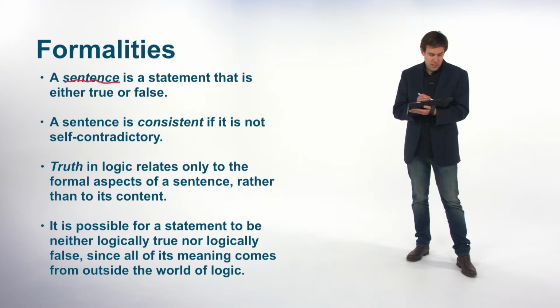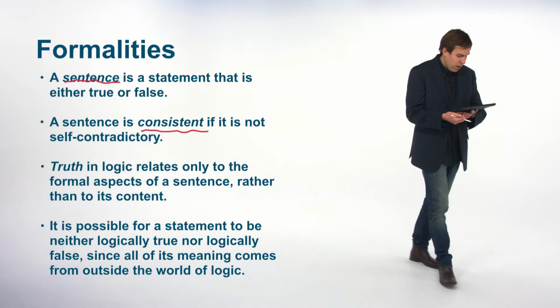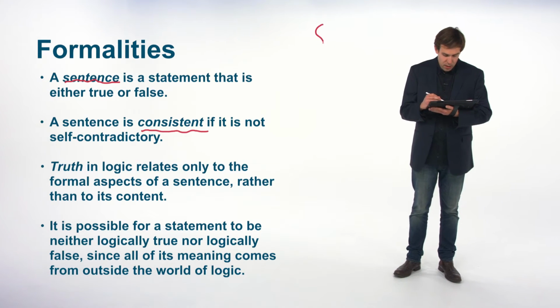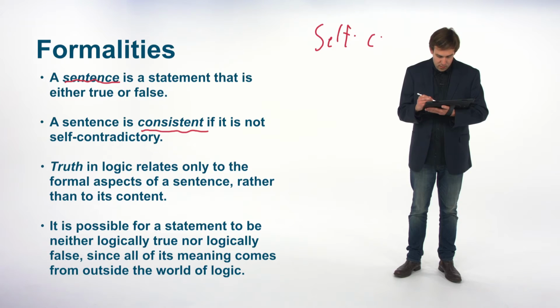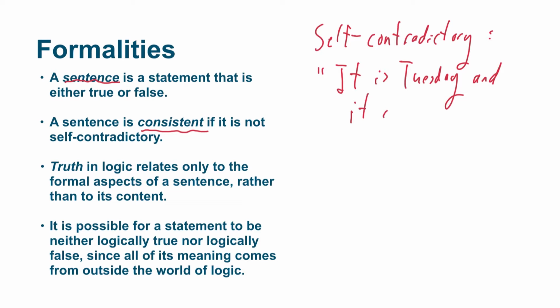We say that a sentence is consistent if it is not self-contradictory. What would be an example of a self-contradictory statement? Something like the following. The sentence could be, "It is Tuesday, and it is not Tuesday."